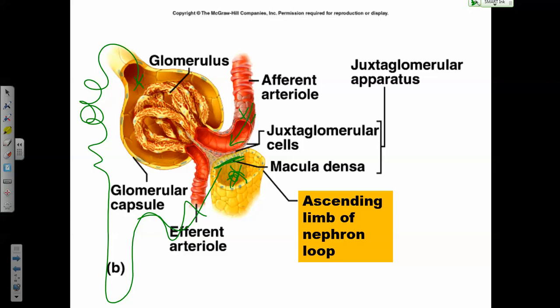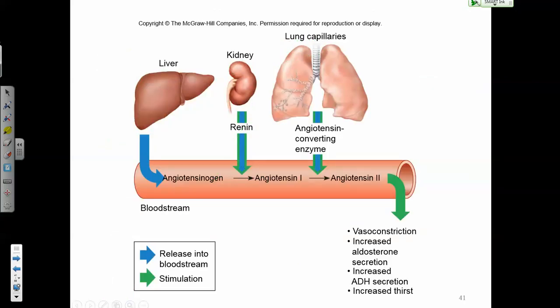As these juxtaglomerular cells relax, they release into your bloodstream an enzyme called renin. Renin sets off a cascade of reactions in your blood. I'm not going to test you on the cascade, but I want to talk about it here.